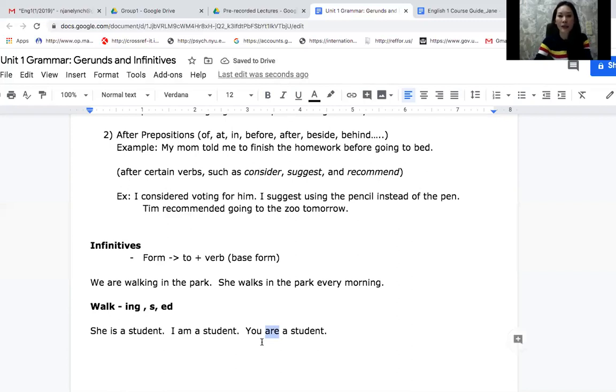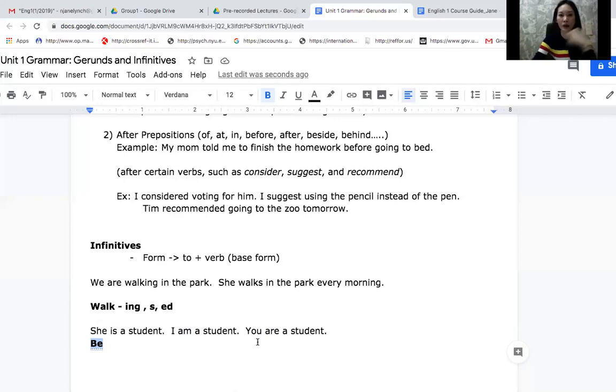But what is the base form of is? The base form is be, right? Verb to be. That's why we call it verb to be. Question number 2, what is the base form of am? The base form of am is also be. What is the base form of are? The base form of are is also be. So these verbs are from the same base form, be.